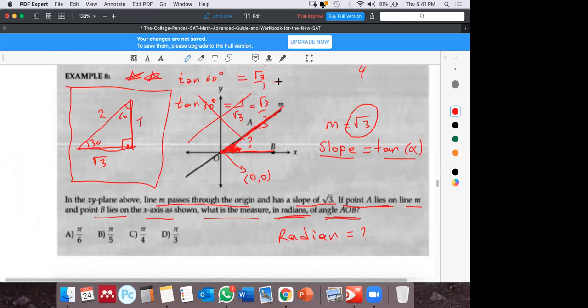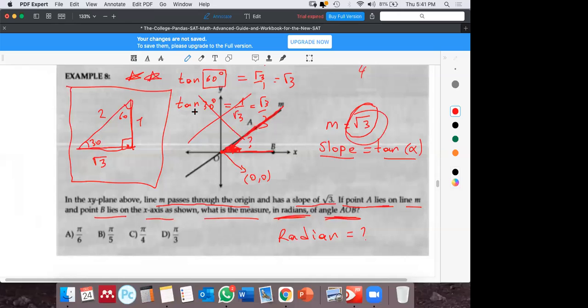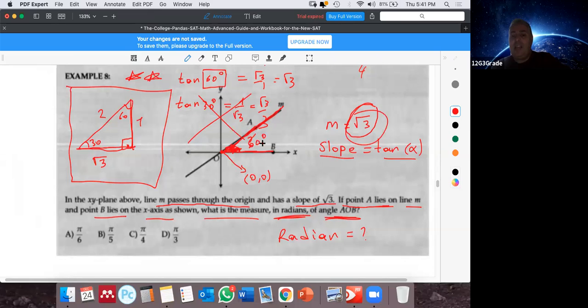Over 1. It means that if the slope is root 3, the angle is 60, right? So if the question is how many degrees this angle is, the answer is 60.